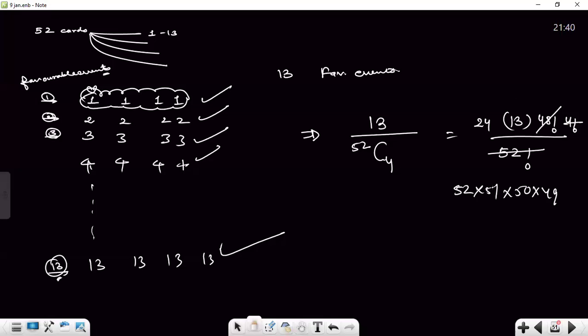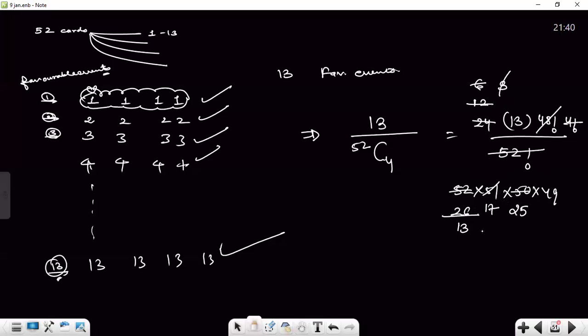Write 24 here. 24 by 2 is 12. 52 by 2 is 26. 12 by 2 is 6. 26 by 2 is 13. 6 by 2 is 3. 50 by 2 is 25. And what else? 3. 51 by 3 is 17.